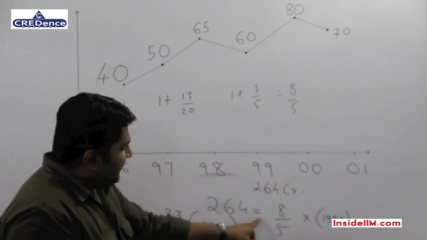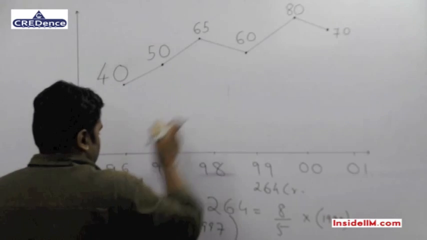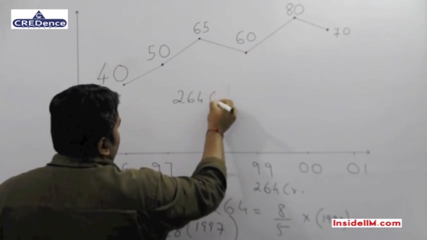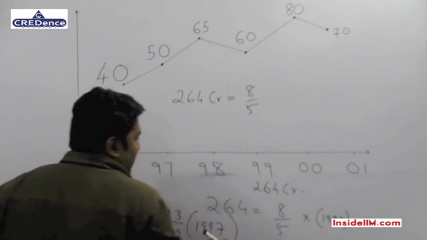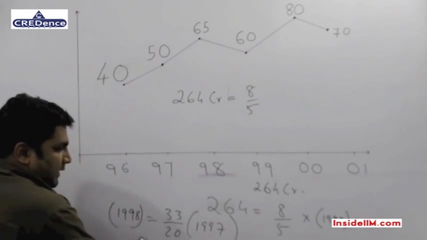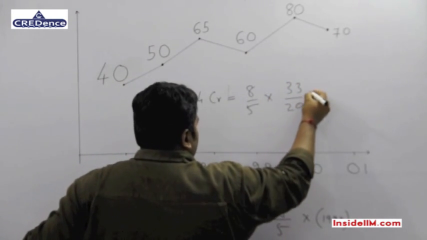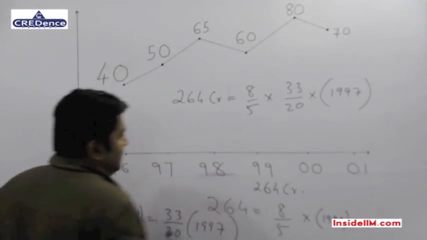So combining these two, the value for 1999, which is 264 crore, is 8 by 5 of the value of 1998, which in turn is 33 by 20 of the value of 1997.